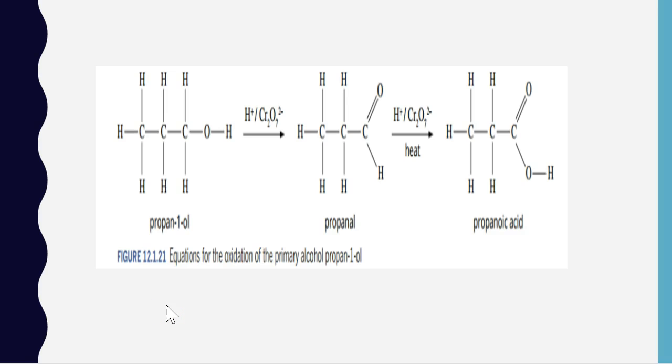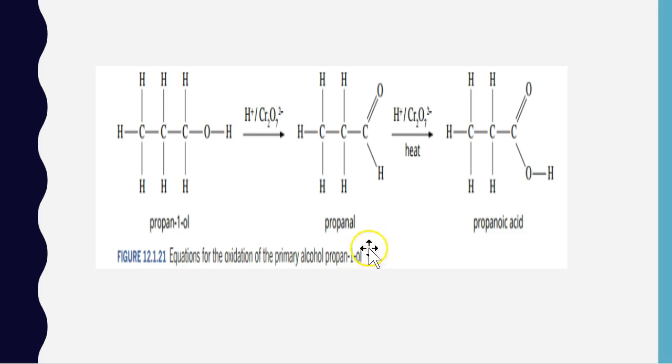So let's have a look at an example. These are with propanol. So in our first one, we've got propan-1-ol, so it's obviously a primary alcohol with our OH on the end. By it being oxidized, we are then getting this change in our functional group here on the end, and this is indicative of an aldehyde group.